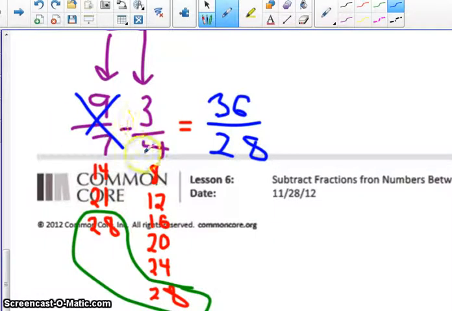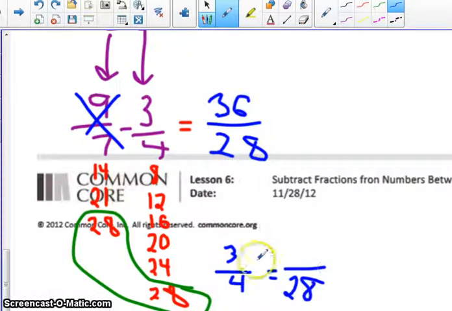Now, 3/4, what does that look like with a 28 on the bottom? Well, let's see. 3/4 equals, because they're equivalent fractions, 28 on the bottom. And what's on the top?